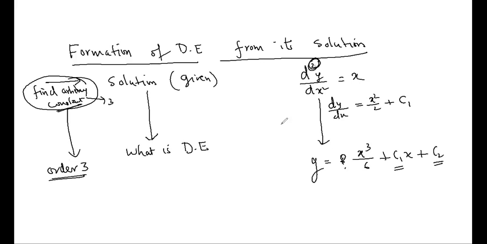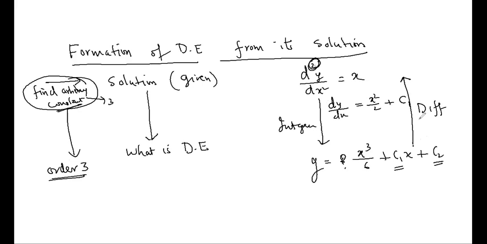To solve the differential equation you integrated. From the differential equation to get the solution, we did integration. From the solution, if you want to go back to the differential equation, what should I do? Differentiate.